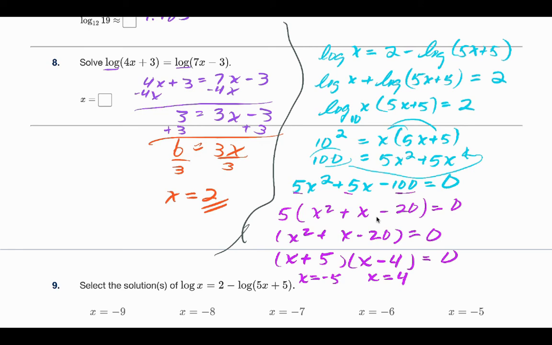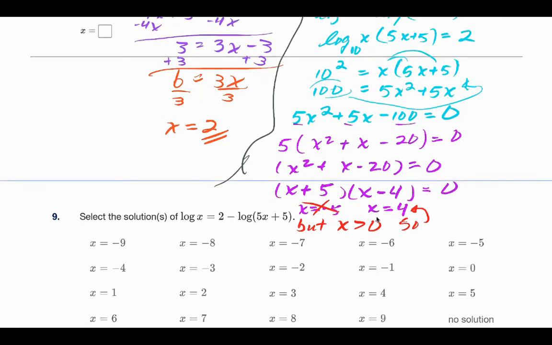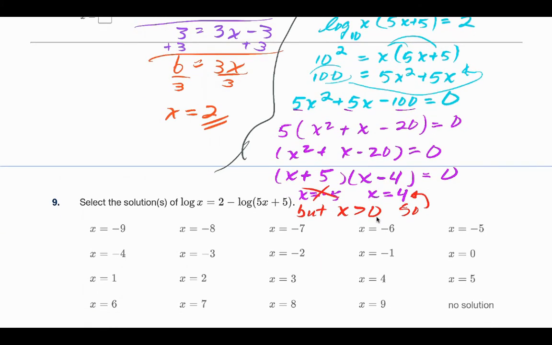So let me go ahead and write this down for you, but x has to be greater than 0. So the only answer is going to be x is equal to 4. Remember, that one would be called an extraneous solution. So the only answer that you would be clicking on is this one here. Okay?